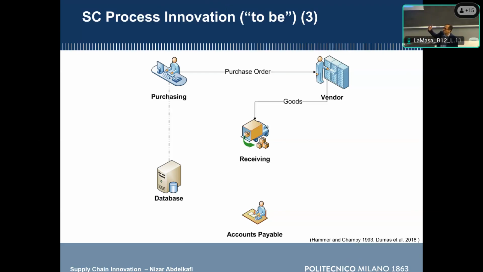So what was the job of the receiving department in the as-is process? The supplier tells the receiving department, I brought 100 components for the car, whatever it is. The receiving department will count them, perhaps look at the references, and okay, sign. Now the receiving department will not do only this, because it now has access to the database where the purchasing order has been stored.